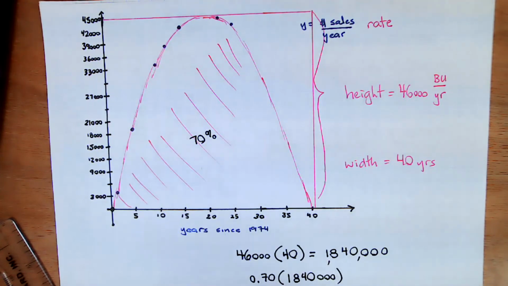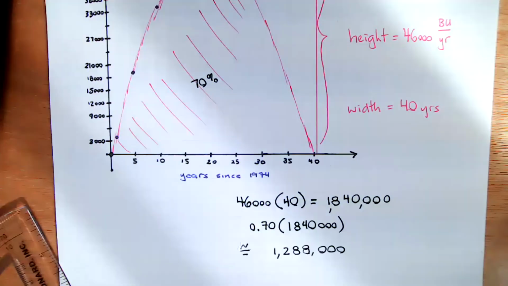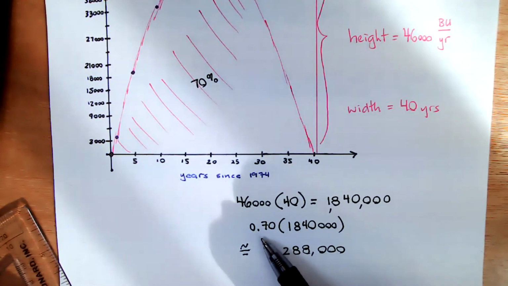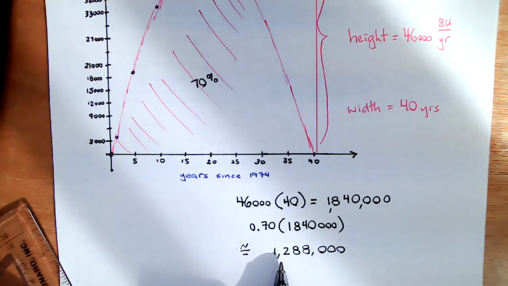And that's going to be approximately, so we just take 70% of 1,840,000. We get 1,288,000.